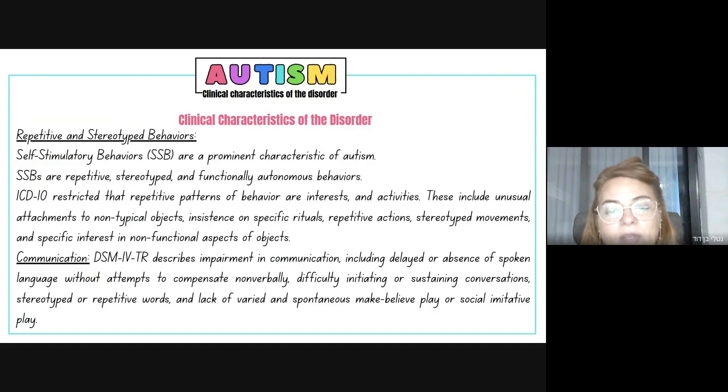Communication. DSM-4-TR describes impairment in communication, including delayed or absence of spoken language without attempts to compensate non-verbally, difficulty in initiating or sustaining conversation, stereotyped or repetitive words, and the lack of varied and spontaneous make-believe play or social imitative play.